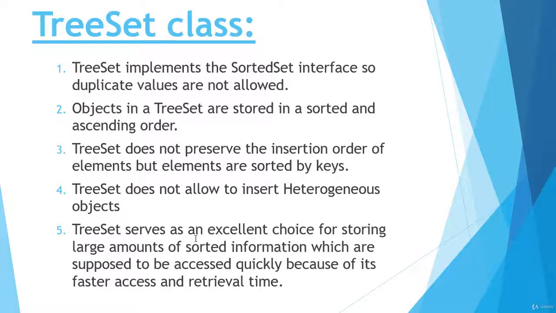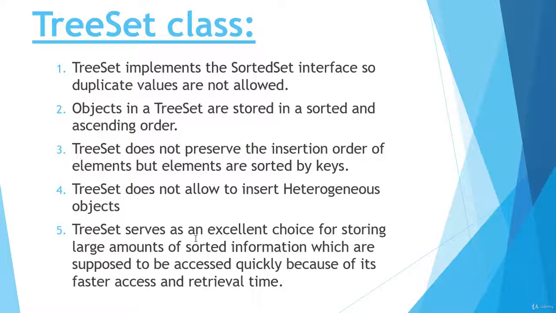Now these are the points about the TreeSet class that we have to keep in mind while coding. The first point, TreeSet implements the sorted set interface, so duplicate values are not allowed. Definitely we cannot add duplicate values in our TreeSet. Objects in a TreeSet are stored in sorted and ascending order. We know that elements in the sorted set are ordered.